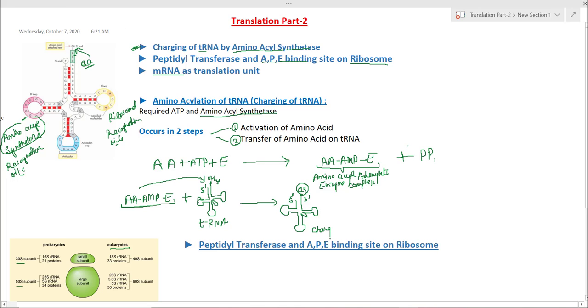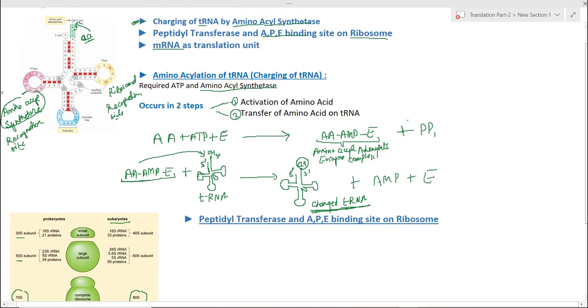The adenylate group or AMP and the enzyme get released, and the product we get is this charged tRNA, which is required for the process of translation. Now all the tRNAs get charged by the process of aminoacylation through this enzyme aminoacyl synthetase. This is all about the aminoacylation of tRNA, and we get our product, the charged tRNA.